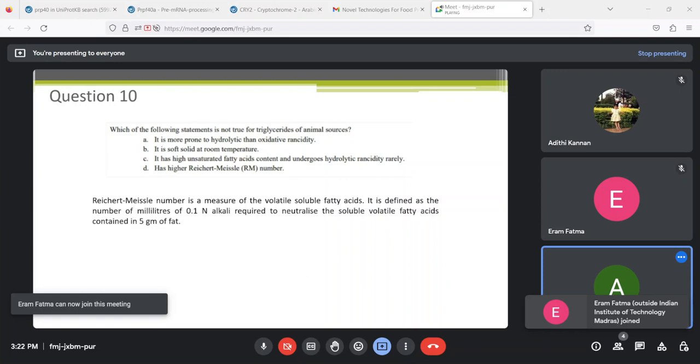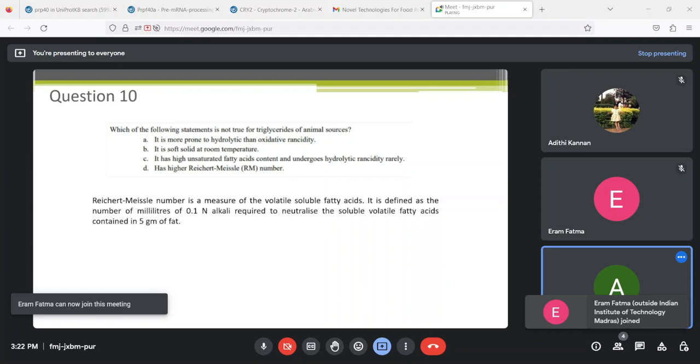So this is how you calculate a Reichert-Meisel number of a particular fat product. You have 5 grams of fat, and the amount of 0.1 normal alkali you add will be an indicator of how much volatile soluble fatty acids are present. So this is what a Reichert-Meisel number is.